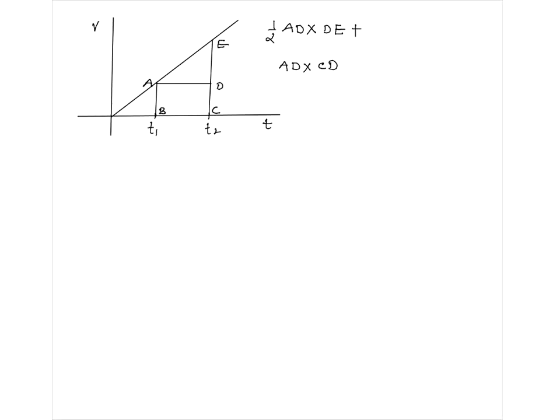Now, let's say when time was T1, speed was U. And when time is T2, speed is V. This distance is U and this distance is V. So what is DE? Can you tell me?